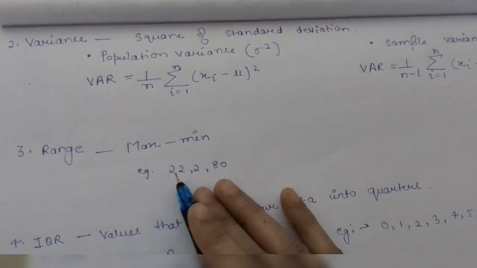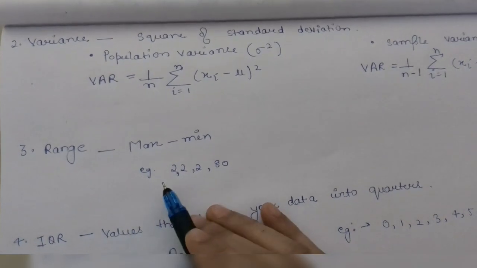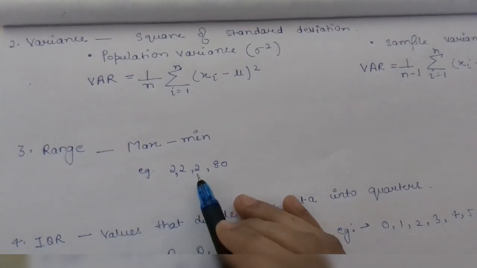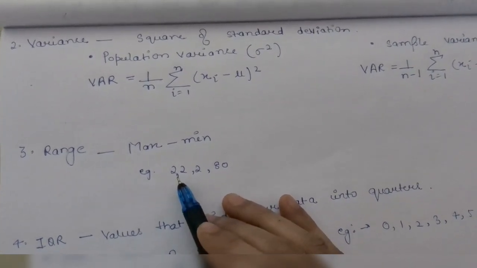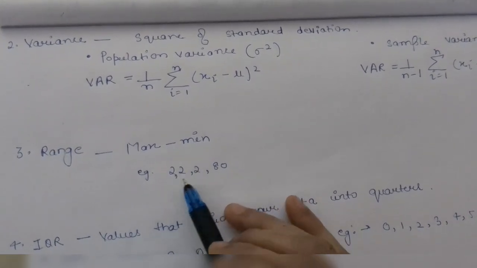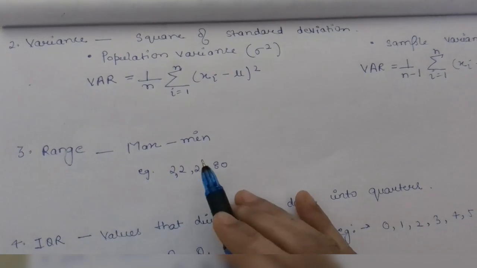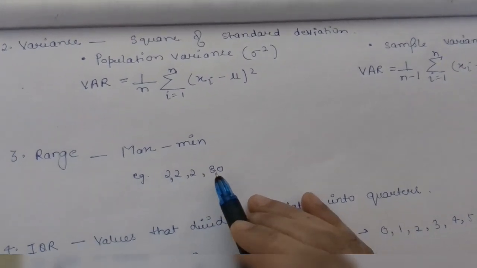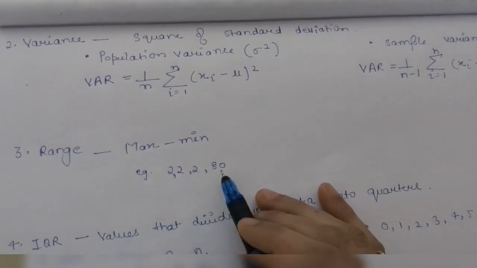Suppose you have a series like this, in which the data points are close to each other. Here you can see data points like 2, 2, 2, all these data points are close to each other. Only one data point, this 80, is very far away from the others.